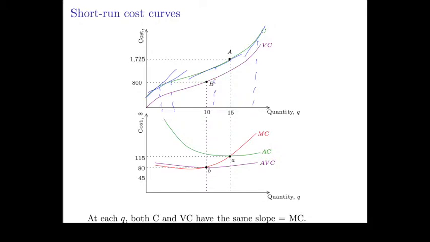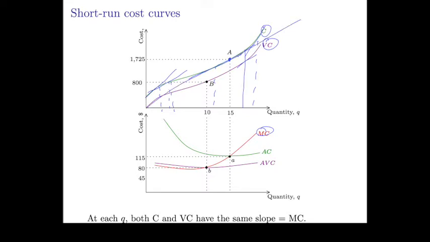Since the cost curve and the variable cost curve differ at every point by just a fixed cost, they're going to have the same slopes. So the marginal cost and the marginal variable cost are going to be exactly the same. That makes sense because the marginal cost is just the derivative of the variable cost. So we could then plot the marginal cost curve. At each quantity, we look at the slope of the tangent to the cost curve.